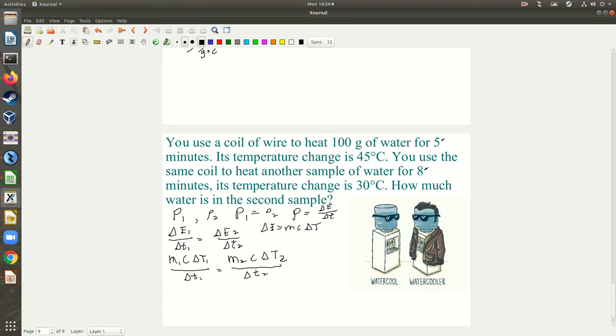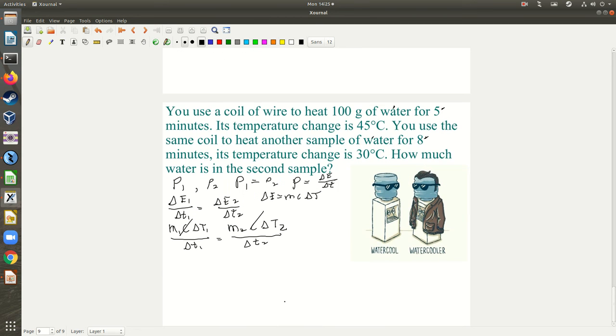Notice that I left the C the same. I didn't put subscripts. That's because we have water and water. Since water is the same on both sides, I can cancel my C's. That's going to make my life a lot easier. That reduces this to M1 delta T1 over little delta T1 equals M2 delta T2 over little delta T2.